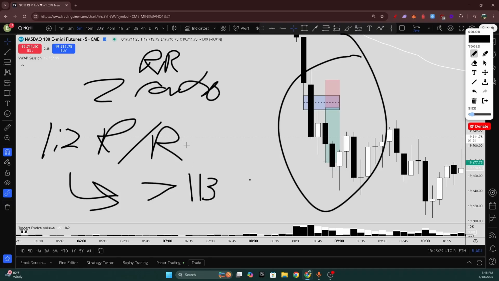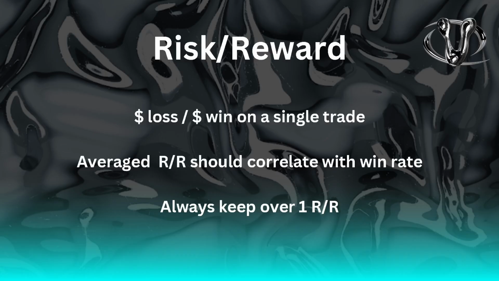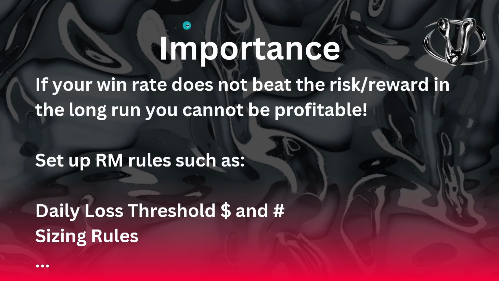So you need to win 1 in every 3 trades in order to break even. So if you win more than 33% of your trades, you will be profitable with this risk to reward ratio. This truly highlights how essential it is to match your win rate with your risk to reward, and essentially you're battling against your risk to reward to get to a certain win percentage in order to be profitable. So let's take a look into the importance.